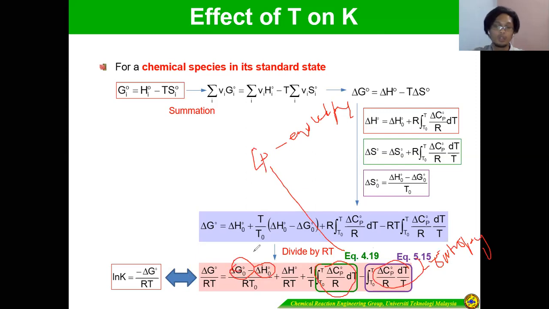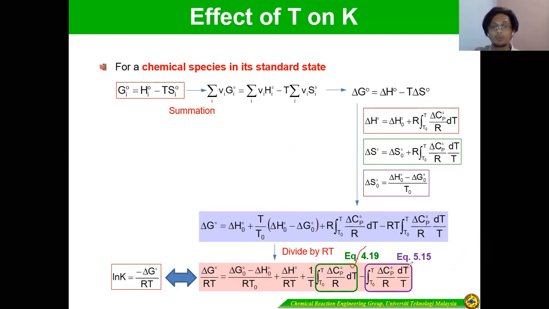Previously we already discussed how to determine delta H naught and delta G naught from the standard heat of formation, and then you can get the standard heat of reaction. So you can determine all of this. Just remember this in terms of integration: MCPH or IDCPH, IDCPS and MCPS.